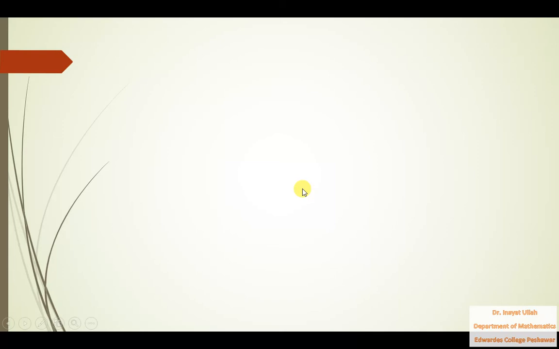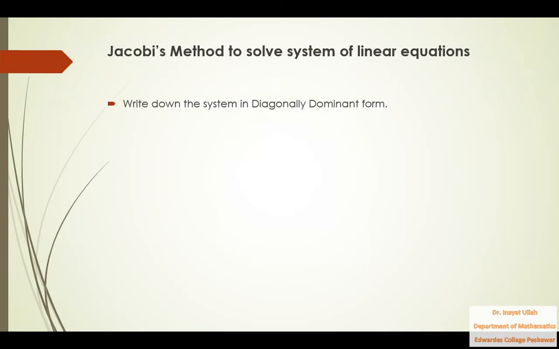Now we have iterative methods, the second methods which we follow to solve a system of linear equations, and these two methods are very important with respect to the final examination. The first of these two is Jacobi's method to solve a system of linear equations. So what is Jacobi's method?